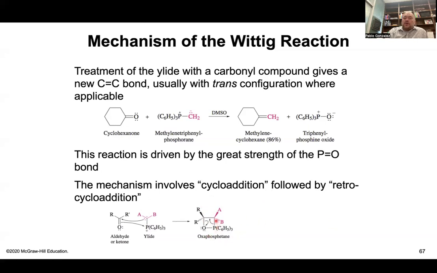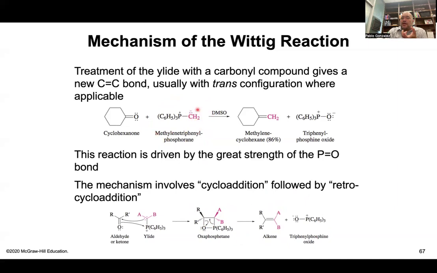And then this bond between the phosphorus and the carbon is going to create a double bond between carbon and carbon, and this bond between the oxygen and the carbon is going to create a double bond between the phosphorus and the oxygen, and there we're going to have our alkene as our main product. So the main point in here is you're going to use the phosphine in here.